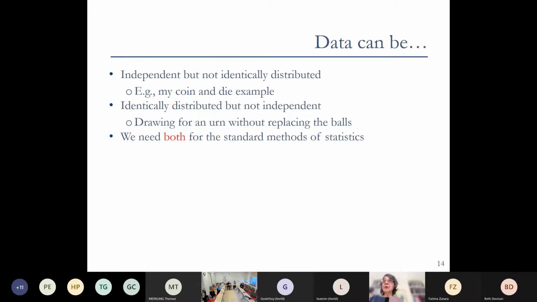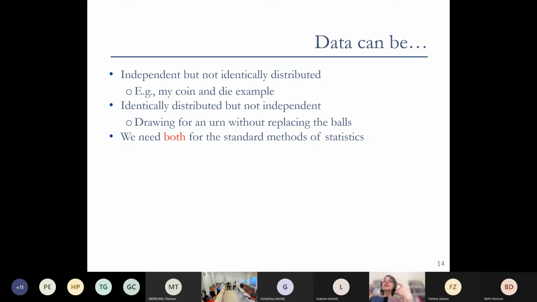So it's important to recognize, as we move from these ideal gambling situations, that the data can be independent but not identically distributed. And that's my coin and my die. The coin and the die are very different, but they're independent. And they could be identically distributed but not independent.